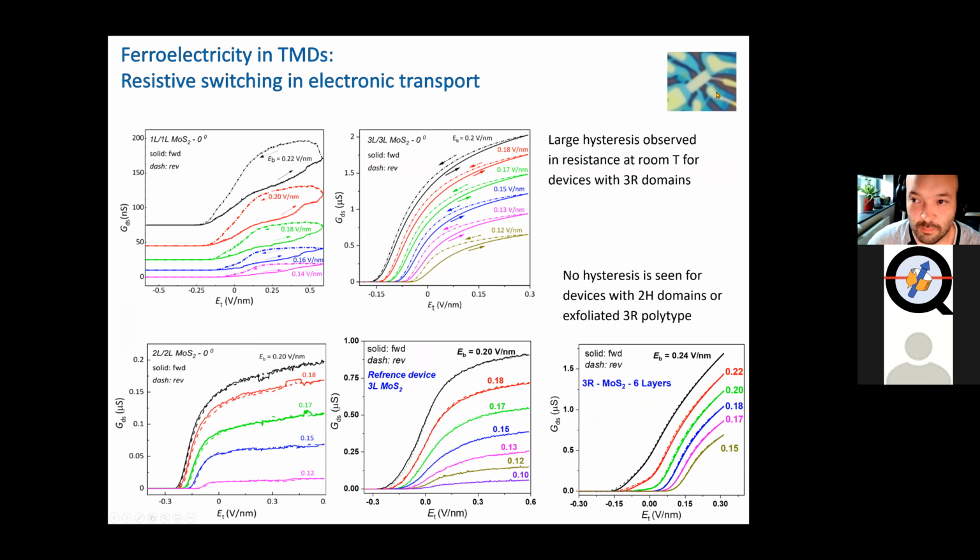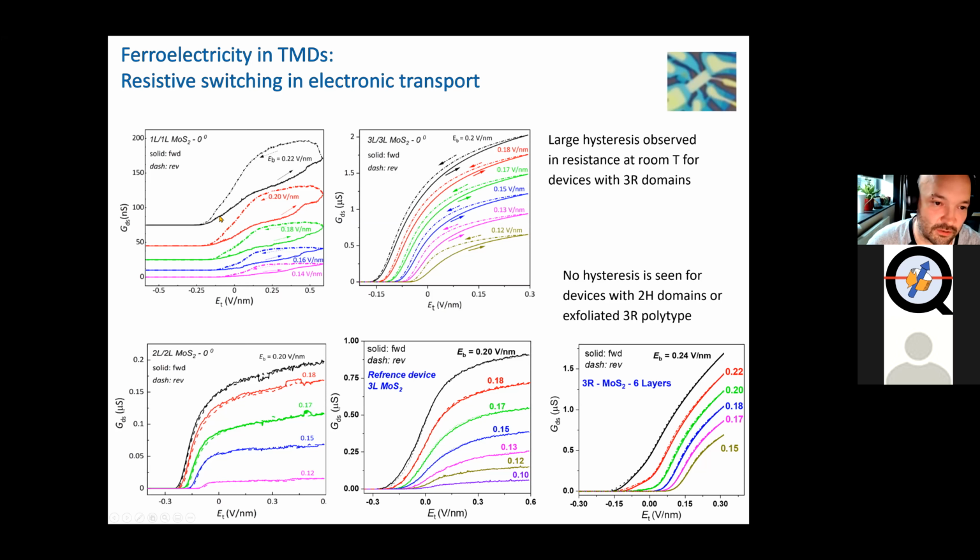The next thing we do, we apply a small back gate to introduce some electrons into the system, so the system becomes slightly conductive. And then we change the top gate, which at the same time changes the carrier concentration and applies the transverse electric field. So here you can see the sweep of conductivity as a function of the transverse field.